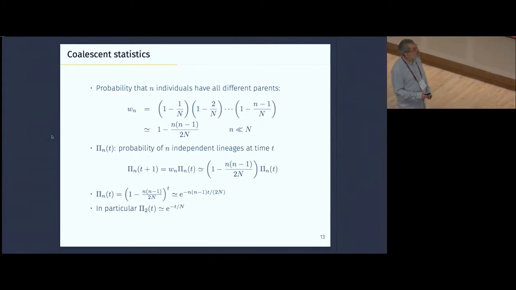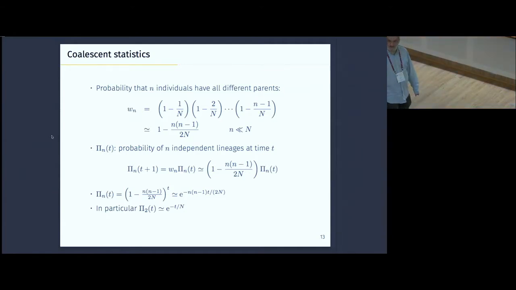And then we assume that n is finite and big N is very large, so we can simplify this. What you get is 1 minus the sum of the first n minus 1 numbers divided by N, and so it becomes 1 minus n times n minus 1 divided by 2N. Is that right?